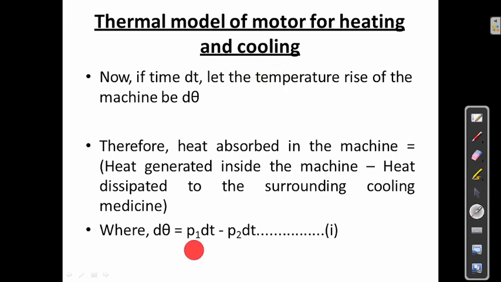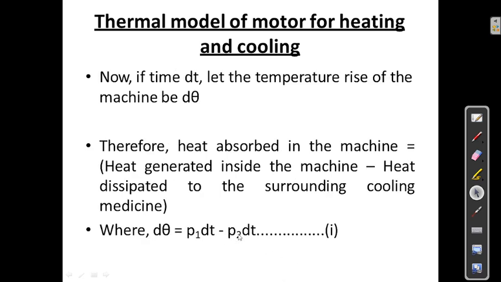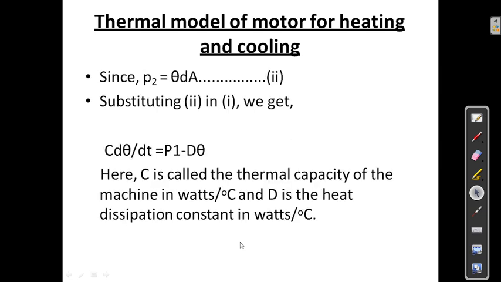Then W H d theta equals P1 dt minus P2 dt. Since P2 equals theta D S, substituting this P2 value, we get C d theta by dt equals P1 minus D theta.